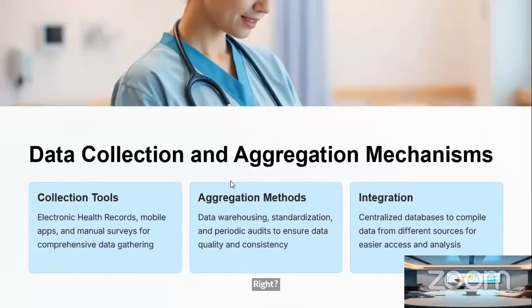Now, how do we integrate? Also part of the aggregation, there is need for regular or periodic auditing of the data. The data should be assessed and audited regularly so that its accuracy is continuously verified, and we make sure the data is complete, right?